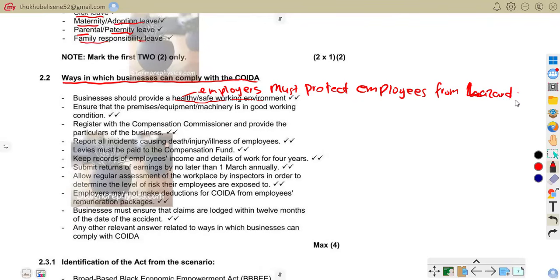For example, when they provide protective gloves in a factory, that is the safety that you're talking about.